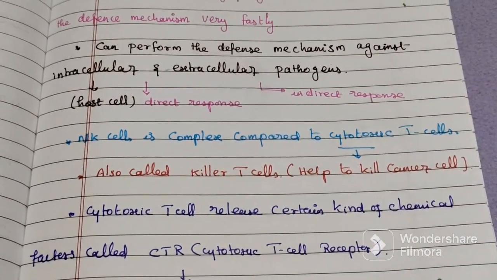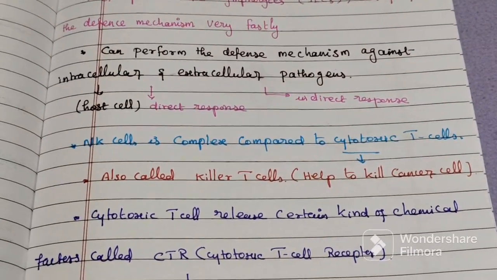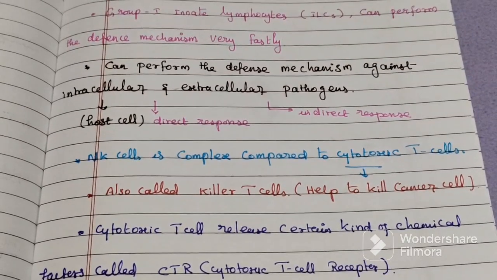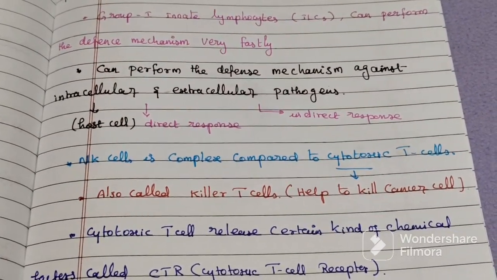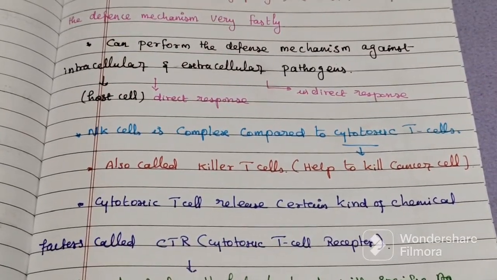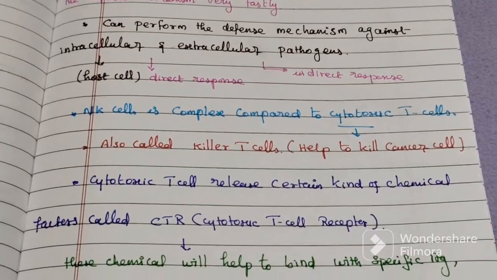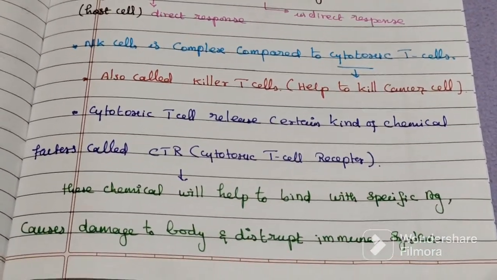This receptor helps to release cytokines, and this cytokine is very dangerous because it releases perforin and granzyme, which help to kill the infected cell. These are the functions of the cytotoxic T cell.